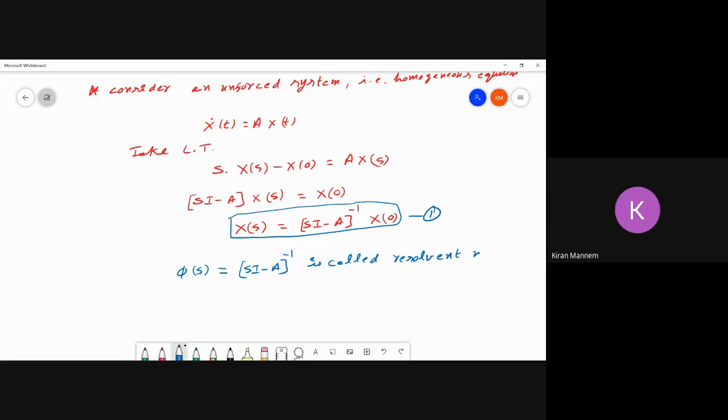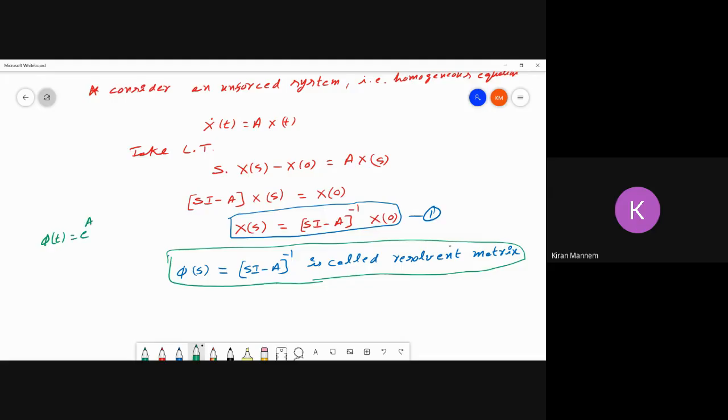Taking the inverse Laplace transformation, you will get the x of t. This is very important. Remember this resolvent matrix. In the time domain, it is called pi of t, which is equal to e power At, which is called STM, state transition matrix. Remember this part, right?